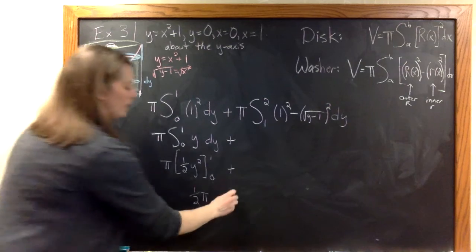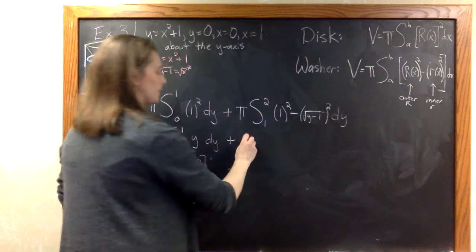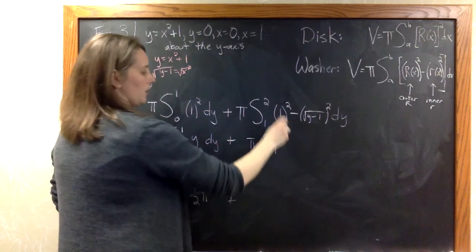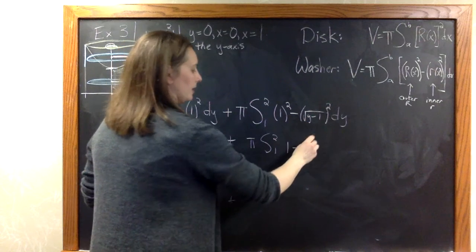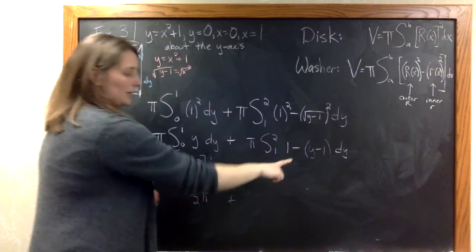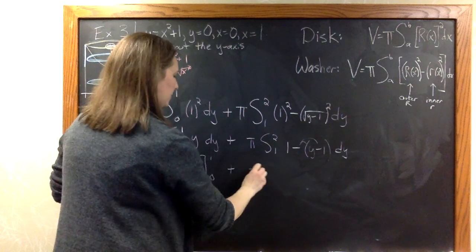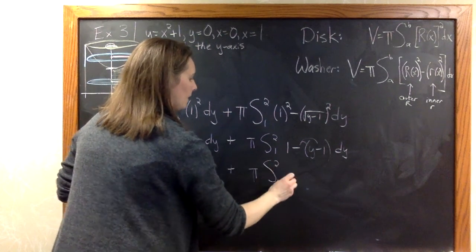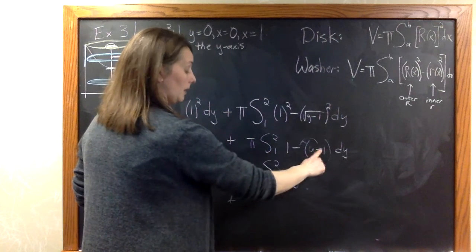Okay. Now we still need to do the side with the washer. So we have 1 minus the square root and the square are going to cancel out. So this is just y minus 1. But be careful because that negative is going to get distributed there. So this becomes negative y and then 1 plus 1.